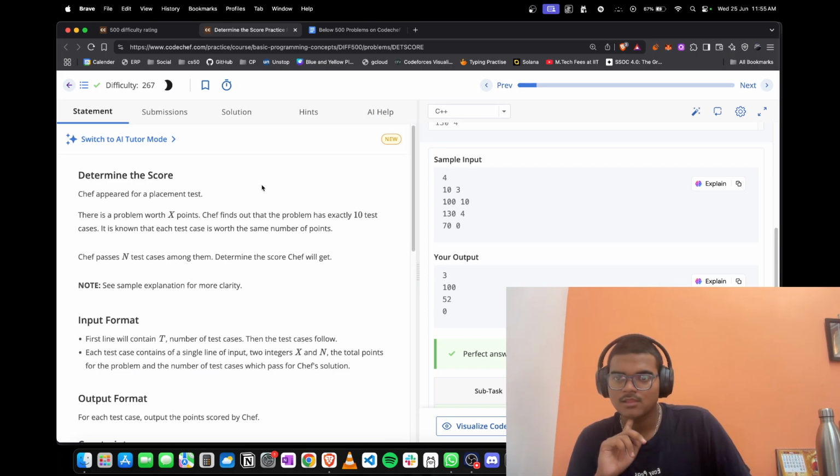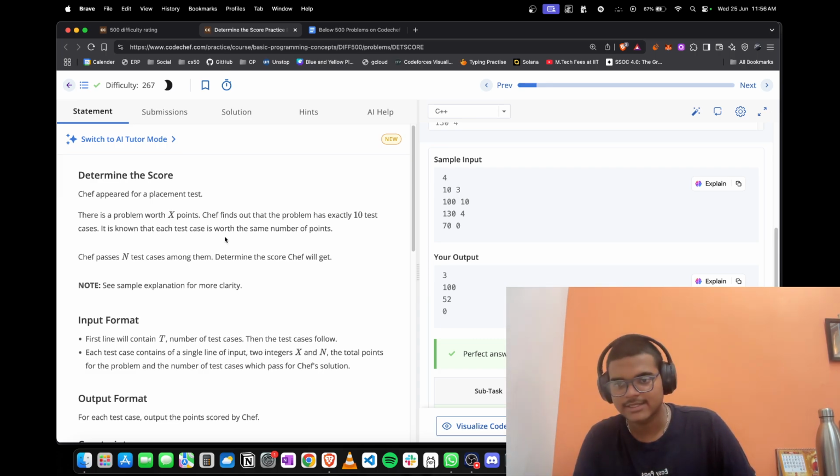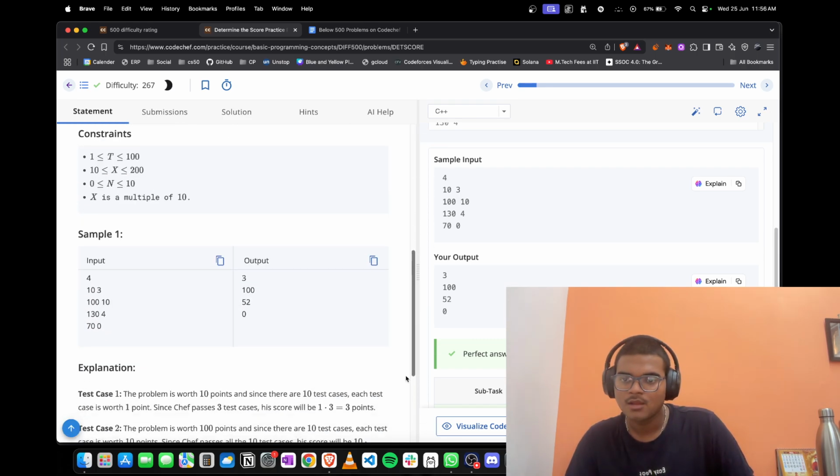So let me explain. Here, the problem was worth x points, and there were exactly 10 test cases, and it is known that each test case is worth the same number of points. Okay.